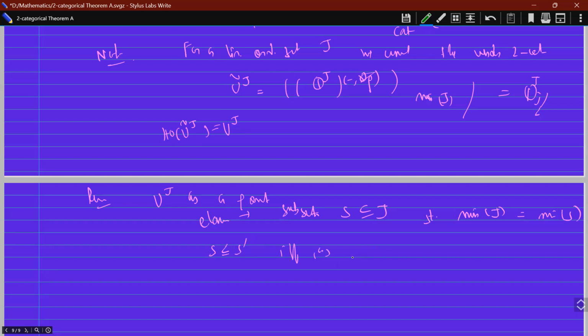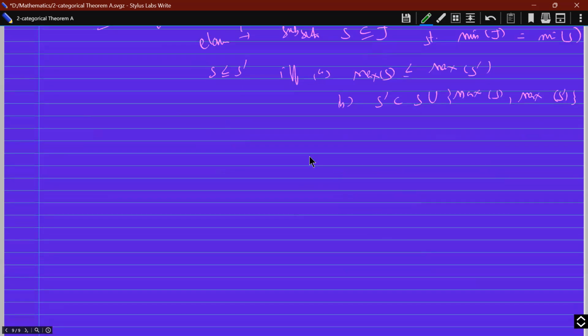Right. So if you look for max elements, maybe an example would be okay.